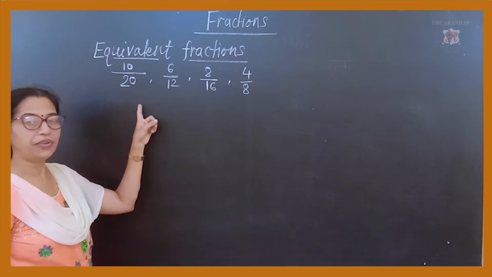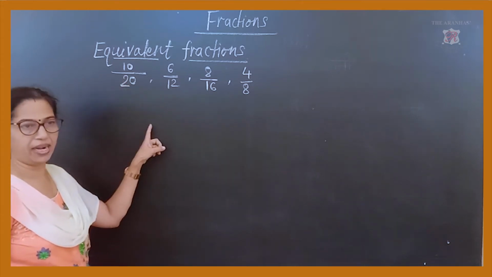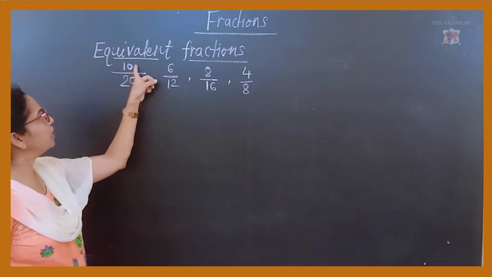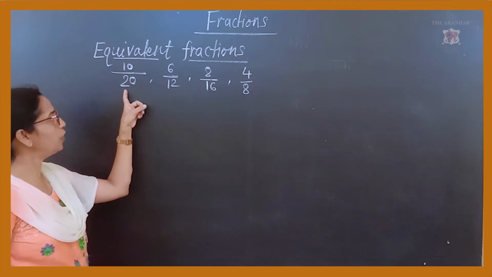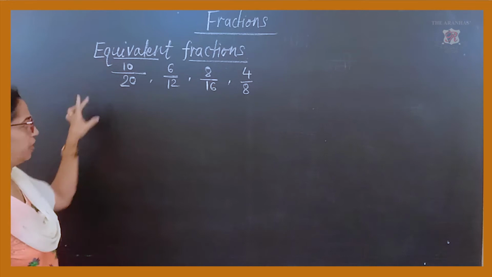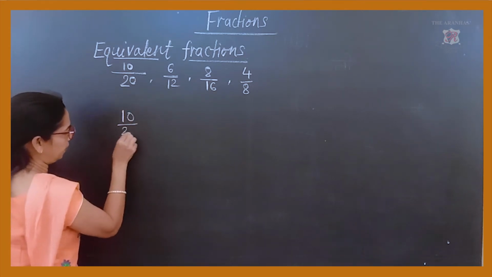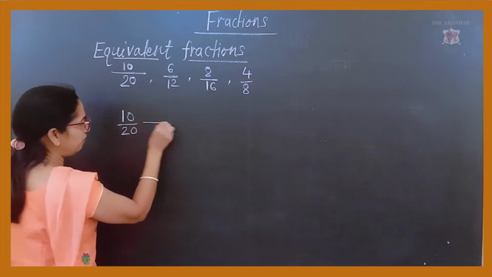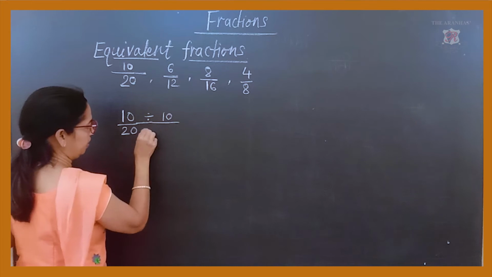For that, we have to either multiply or divide both the numerator as well as the denominator by a number. So here, first we will check with the first fraction. Suppose I write this 10 upon 20 and I divide it by 10.